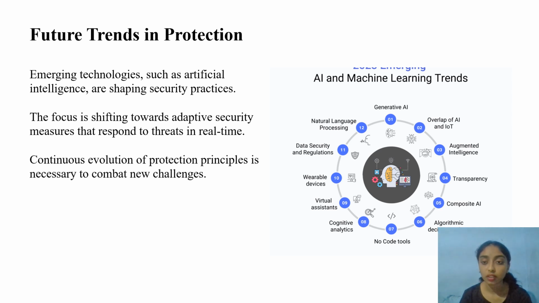AI and machine learning trends in the future are generative AI, overlap of AI and IoT, augmented intelligence, transparency, composite AI, algorithm declaration, no-code tools, cognitive analytics, virtual attendance, wearable devices, data security and regulations, natural language processing.